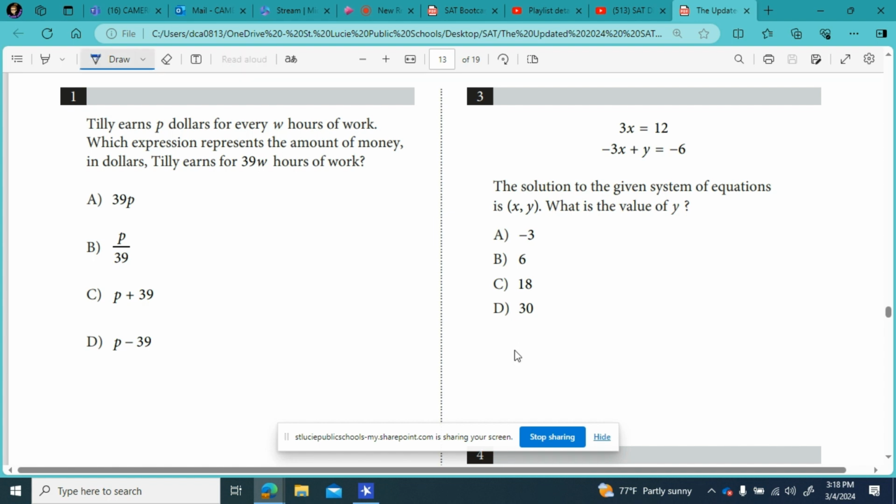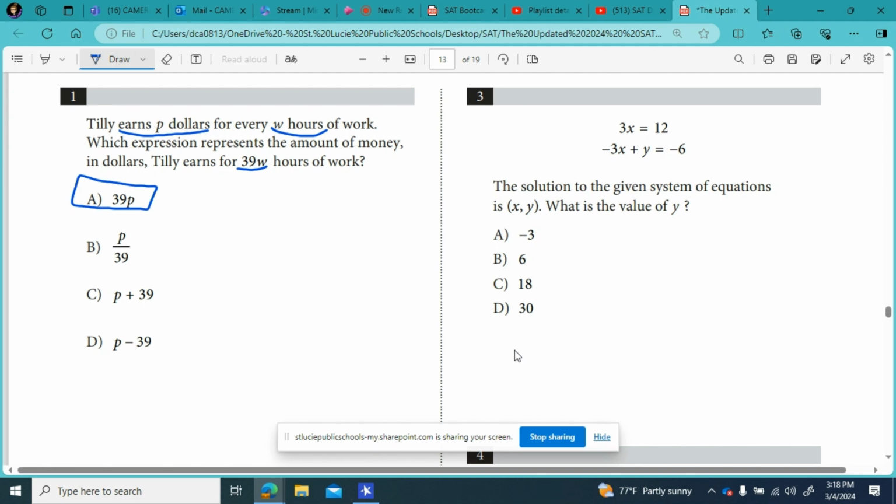Would we multiply, divide, add, or subtract the amount of money she earns with the hours she works? So to find out how much money you make per hour, you would do which of the following? You would multiply. So our answer is right here for this.